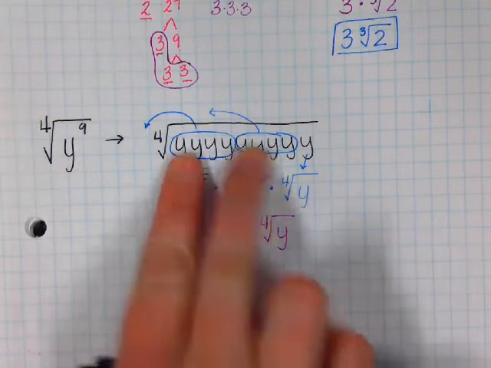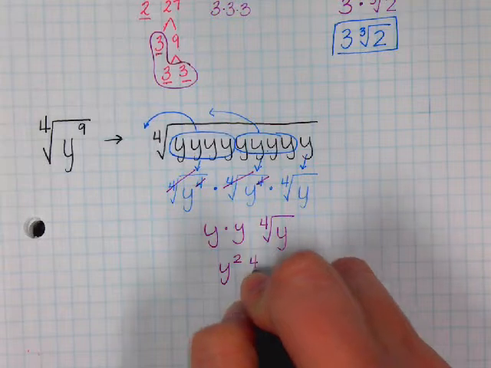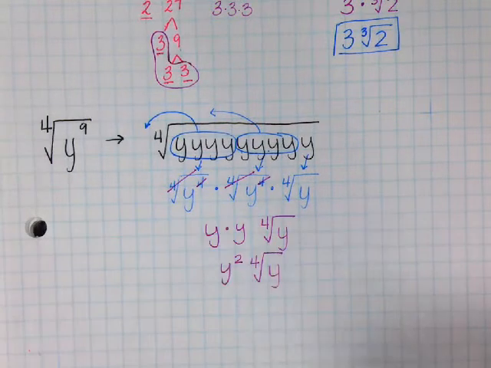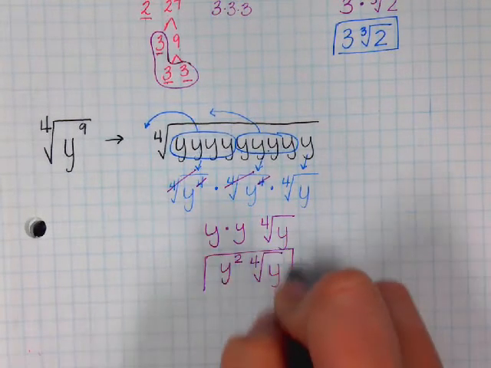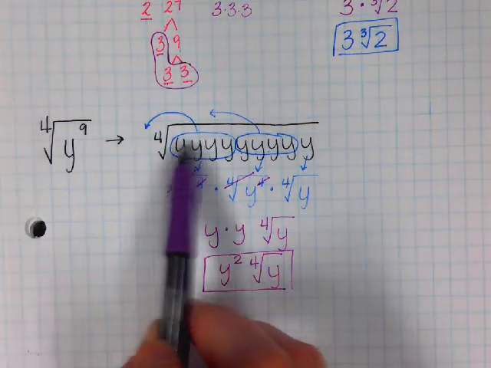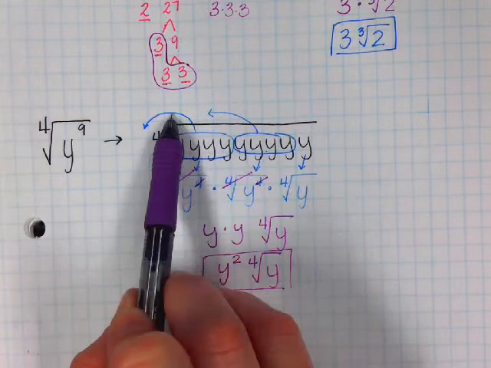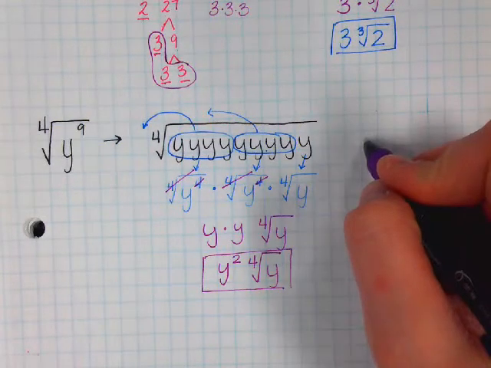So we have 2 sets of y's that pulled out, which means I have y squared and the fourth root of y. That would be my final answer. The way I've explained it in the past is we're looking for sets of 4. So I pulled out 1 set of 4 and a second set of 4.